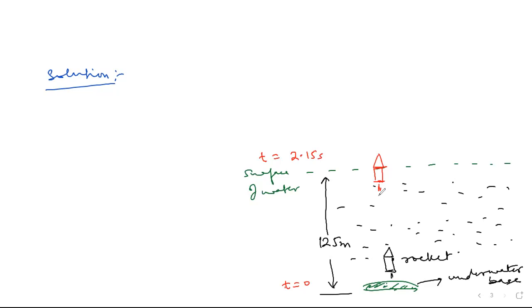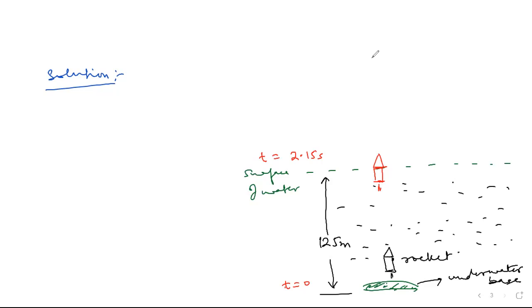Then the problem says when it breaks the surface, its engines automatically shut off. So when it reaches the surface, it breaks the surface of water, its engines automatically shut off. Why so? It is said that will make the detection of this rocket difficult for the enemy. Then it continues to rise.